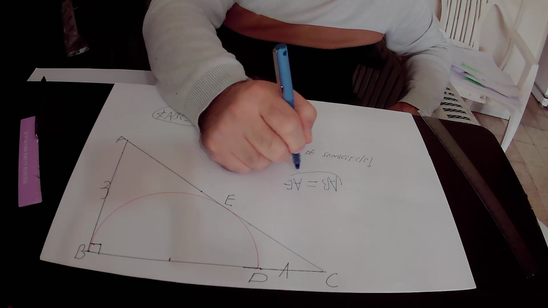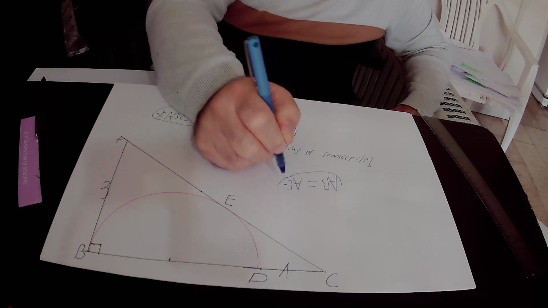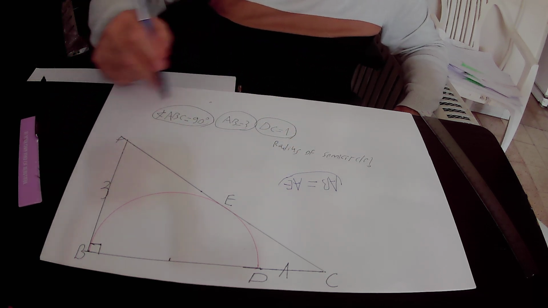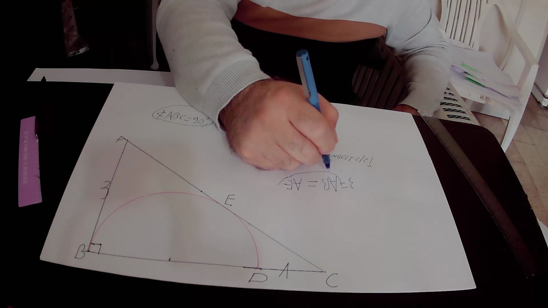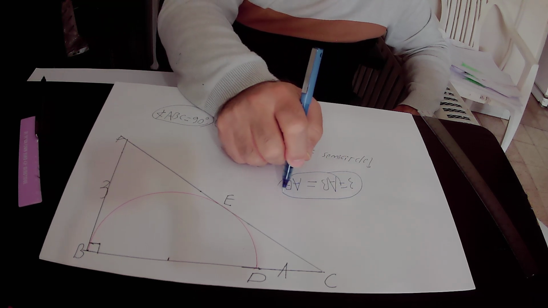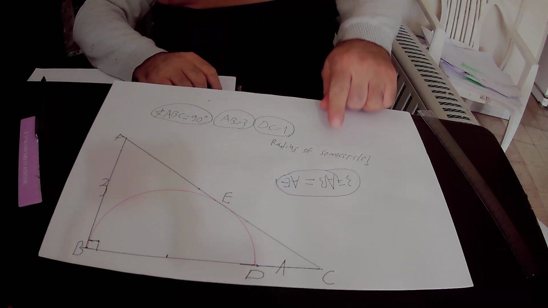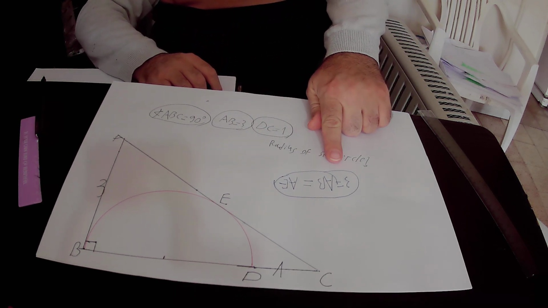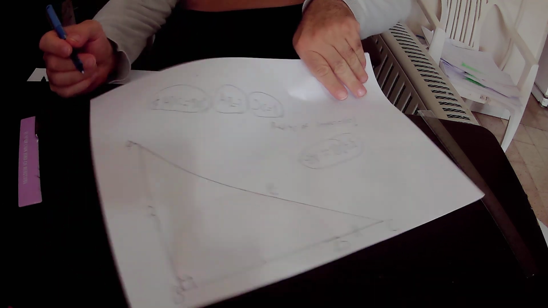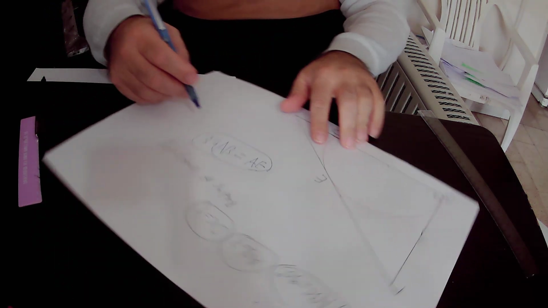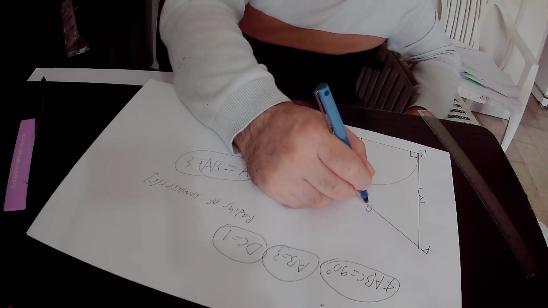But it is given in the question that AB equals 3 units. So from this equality, we derive that AE also equals 3 units.